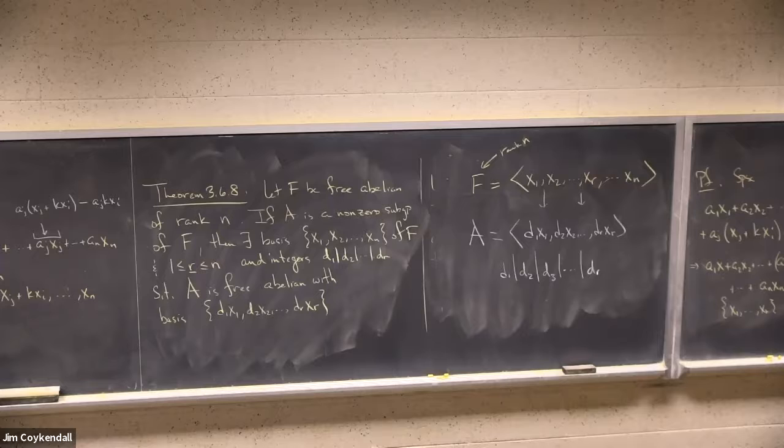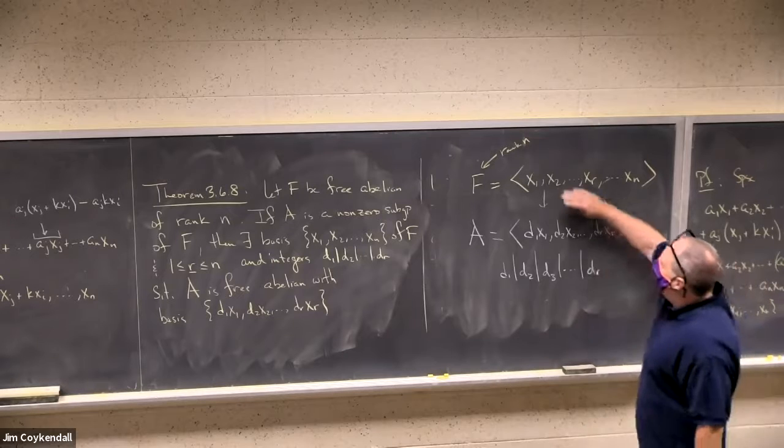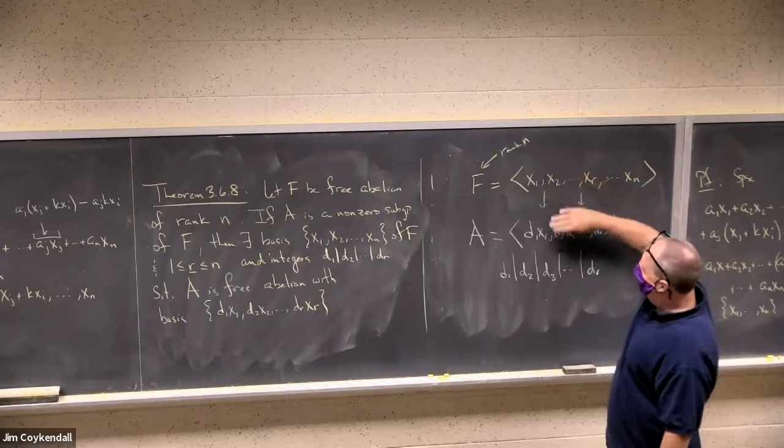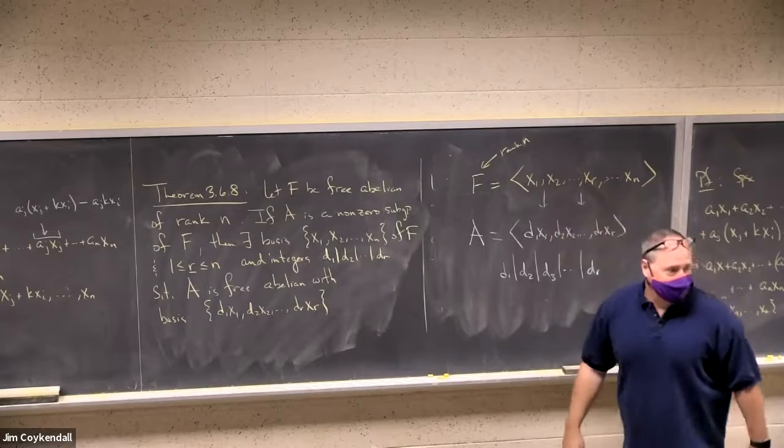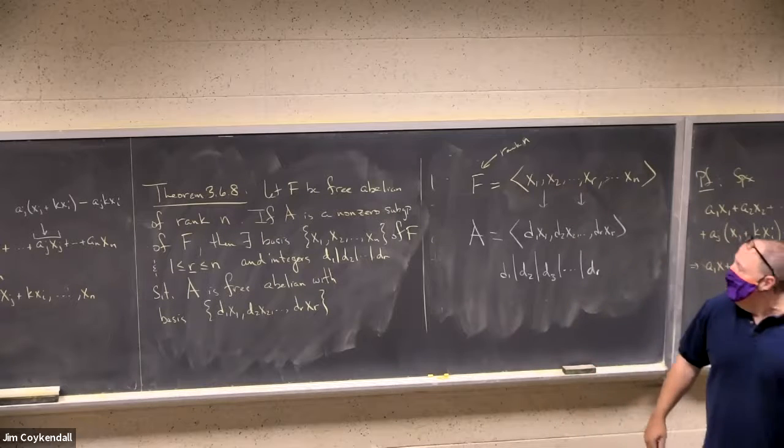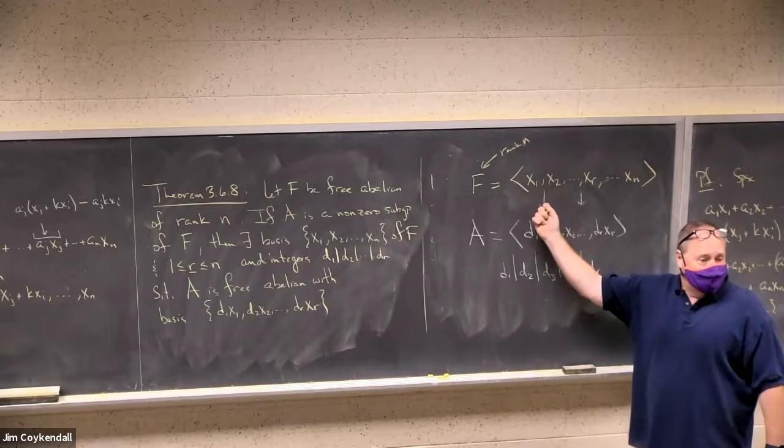Every subgroup is also cyclic, and if it's not zero, it's also infinite. So the integers is generated by the basis 1. Any subgroup is determined by what generates it: 5Z, 12Z, 100Z. In the case of the integers, it will be x1, and your d would be what it generates, and that's basically how you ramp up.